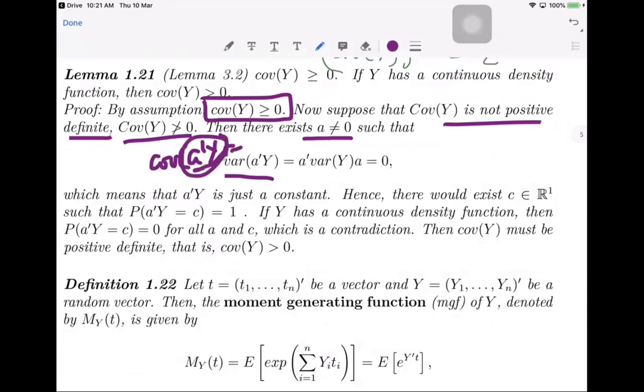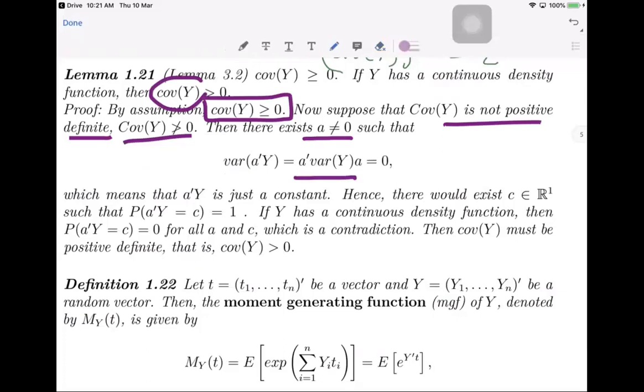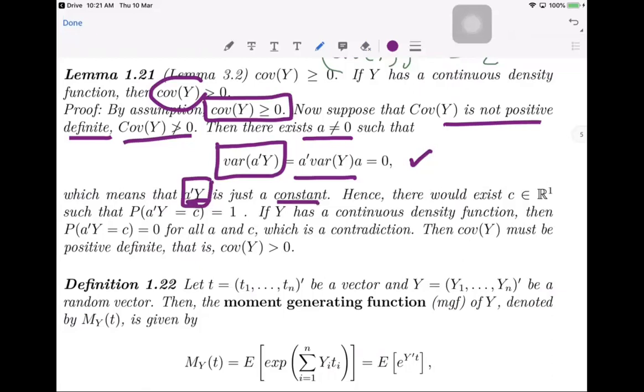which is by definition, since it is just one random variable, a variance. It is the covariance, but this covariance is actually the variance. So the variance of A prime Y is equal to 0, which means that when the variance is equal to 0, that random variable is just a constant.